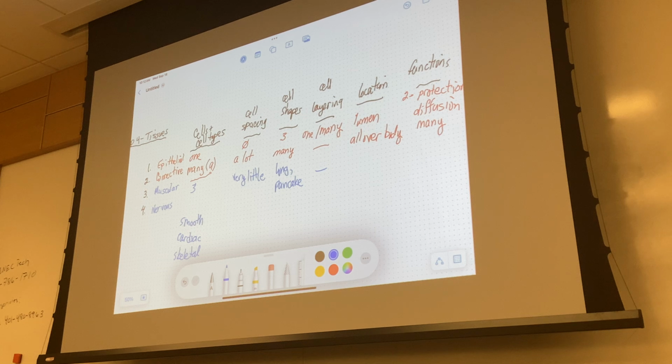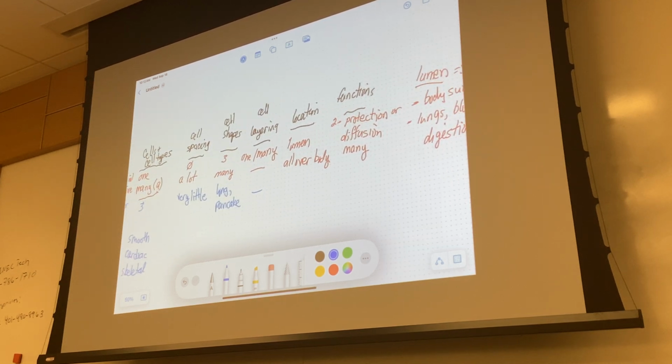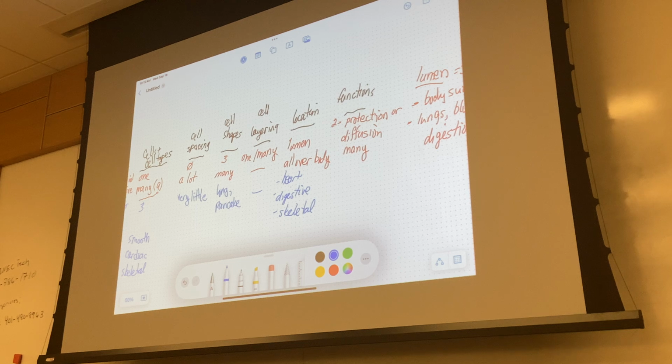And there are three locations. You just told me where they are, right? There's the heart, smooth muscles, in one example the digestive system, and then skeletal muscle. What's the function of muscle?